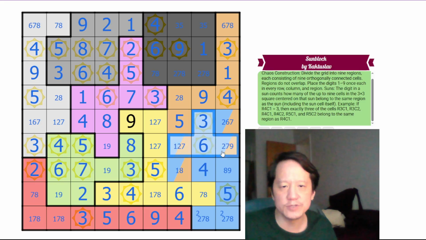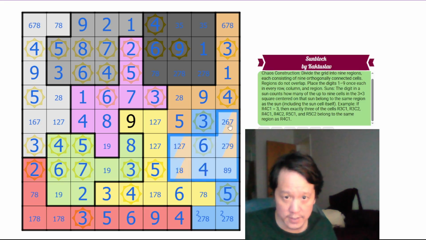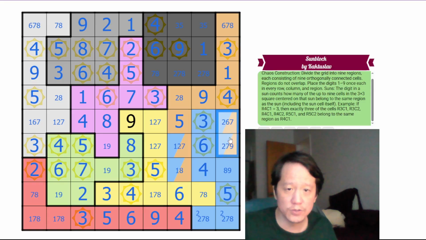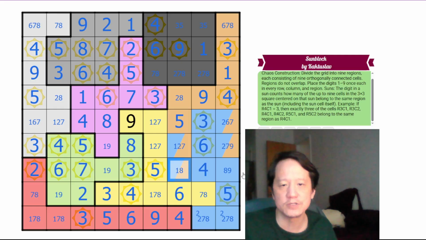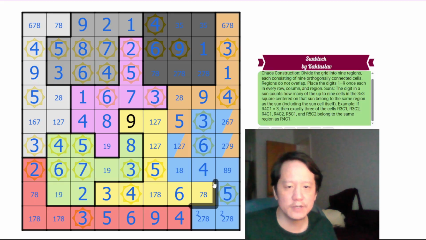This sees 3 cells in these cells here. So only one of these is blue. So we have 1, 2, 3, 4, 5, 6, 7, 8 blue cells. Therefore, this must be blue here. So we have boundary here, boundary here, boundary here.